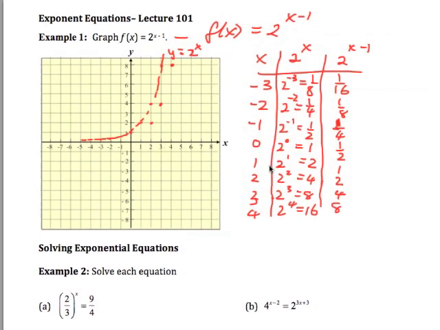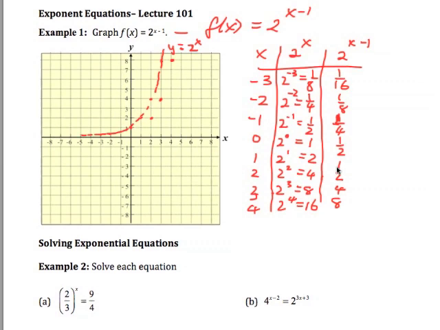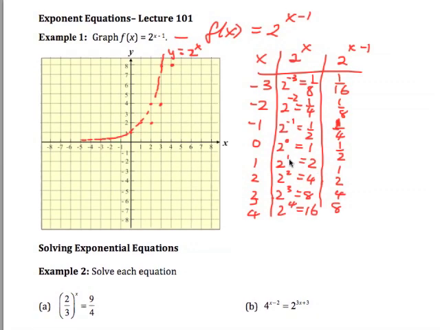Okay, and we have here when it's 1, it's going to be 0 here, so that'll be 1, so 1, 1, right there. Then we go through 0, 1/2, which is right there. We go 1/4, which is right there.